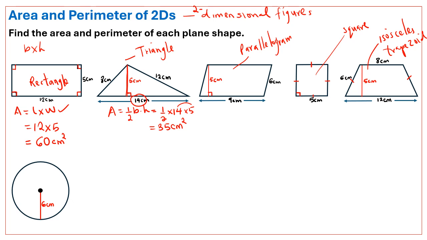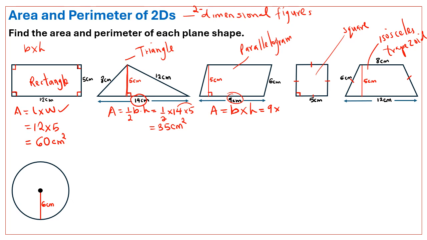The next shape is a parallelogram, and the area of the parallelogram is given by base times height. I can just write BH. Base times height, meaning the base is 9, and you multiply it by the height, which is not 6. Be careful, we want the height to be perpendicular, making 90 degrees with the base when they intersect. We have to be very careful here not to use 6 as the height, just as we did for this triangle right here.